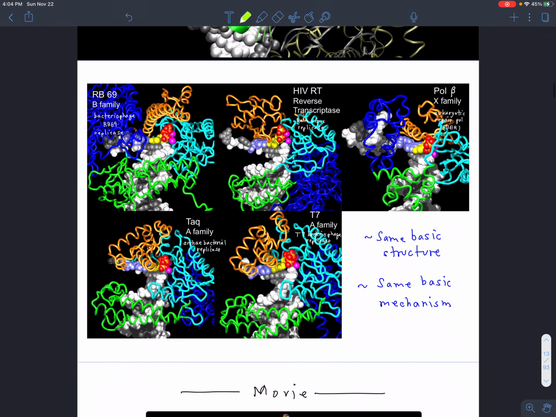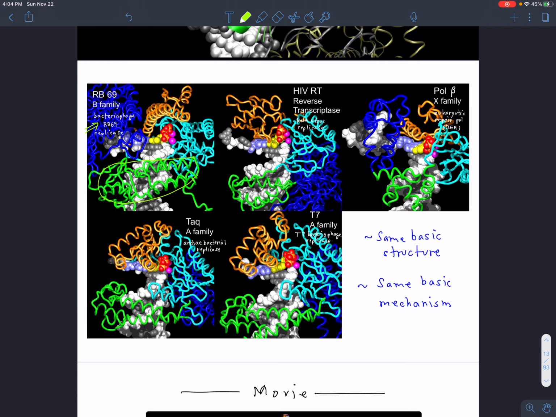Here's some others. So these are other DNA polymerases. This one is a bacteriophage polymerase. In other words, it's from a phage, it's from a virus. It's the replicase for that virus, but you can see it's got the same structure. It's about as far removed phylogenetically from us as it's possible to be.